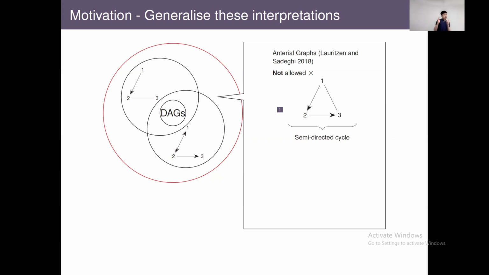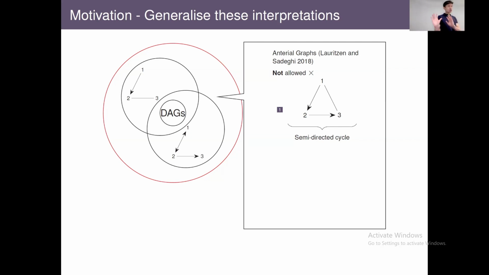The analog here is that we don't have semi-directed cycles, meaning that all arrows must either point in the same way or be an undirected edge. So for example, here you have 1 to 2, 2 to 3, and 3 to 1, where one of them is an undirected edge. That also counts as a cycle. It's sort of like a fake cycle, that's why it's called a semi-directed cycle. So that's quite intuitive.